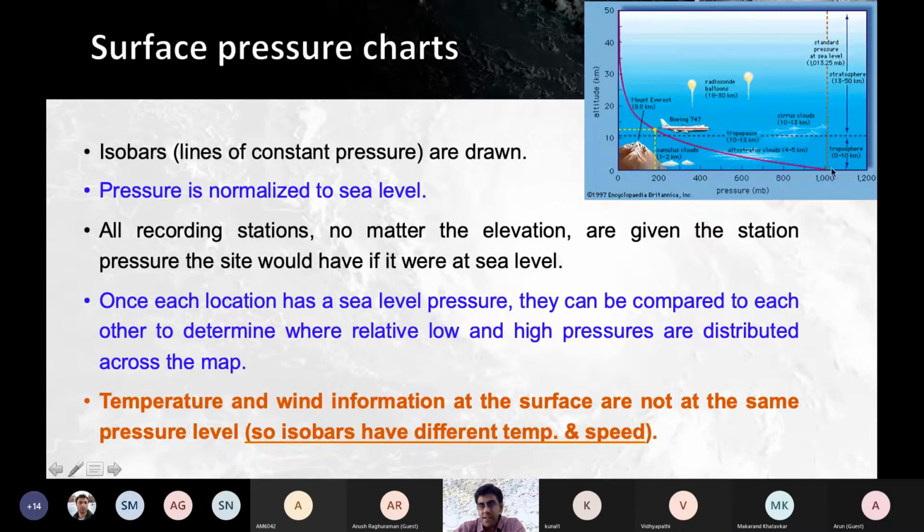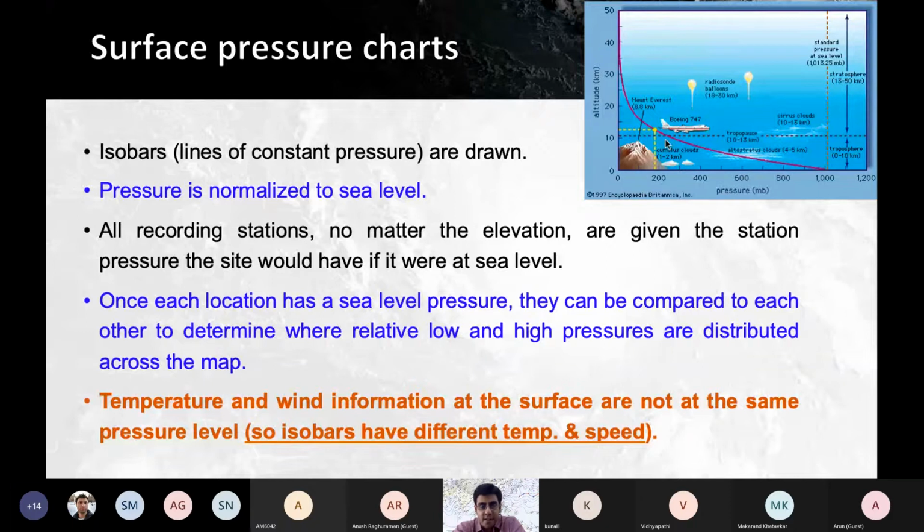This physics, which we cannot control, clearly tells me that any location at a higher elevation will have a low pressure, but that's not true, because what we are talking about here is the pressure reduction due to the warming of the air or due to the movement of the air. That is what we are talking about.